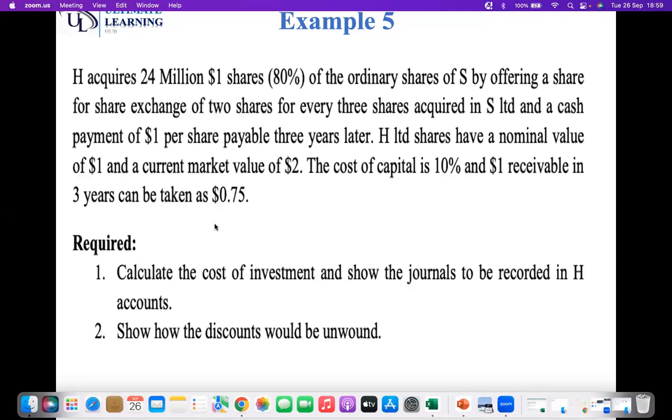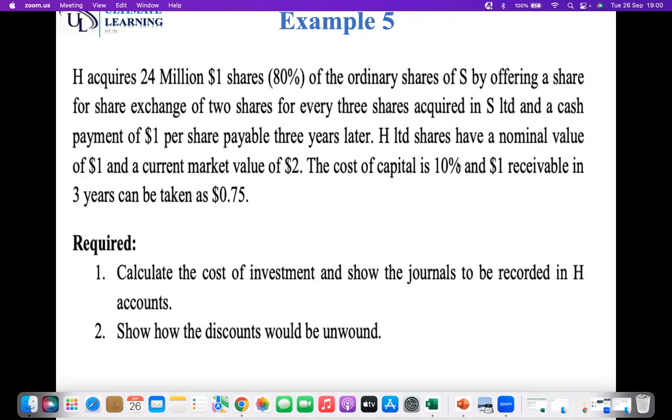The example we have here reads, H acquired 24 million shares, 80% of the ordinary shares of S, by offering a share for share exchange of 2 shares for every 3 shares acquired in S Limited, and a cash payment of $1 per share payable 3 years later.